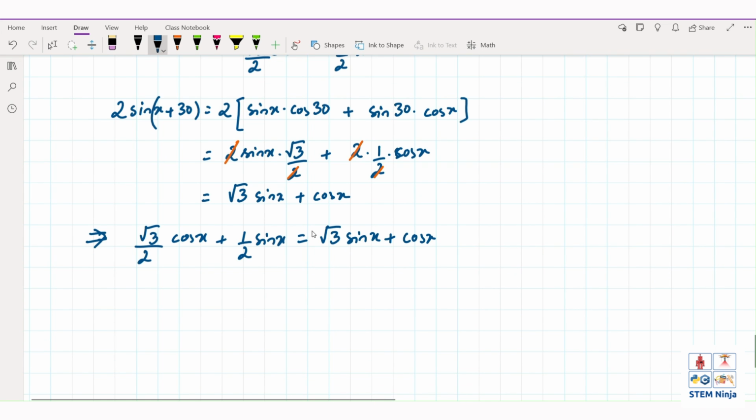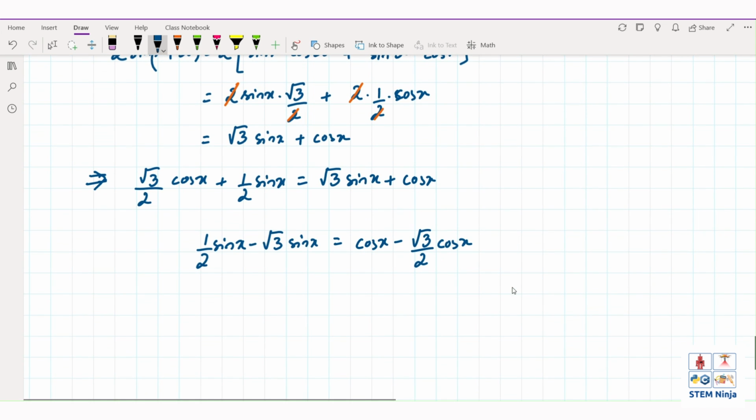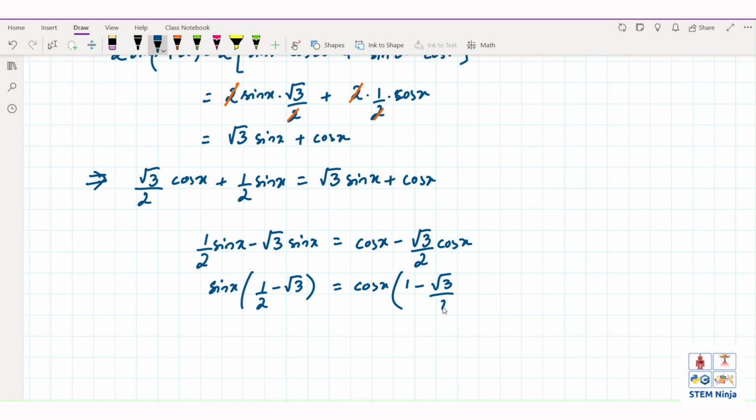So half sine x minus root 3 sine x equals cos of x minus root 3 over 2 cos of x. We factorize out sine x and cos x. So sine x times half minus root 3 equals cos of x times 1 minus root 3 over 2.